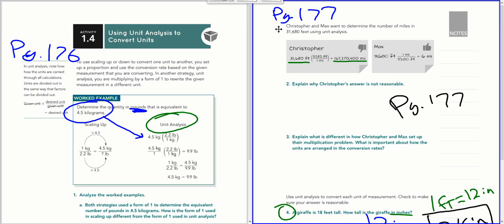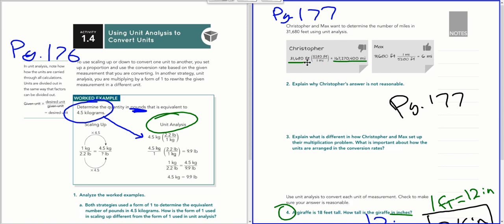First we looked on page 177 at Christopher and Max. We can see that these two answers do not both work. Max is right, Christopher is not. Just logically, to go from 31,000 feet to this number of miles, it's just not realistic. It takes a lot of feet to make a mile, so it wouldn't make sense for the number to go up when we're going from feet to miles.